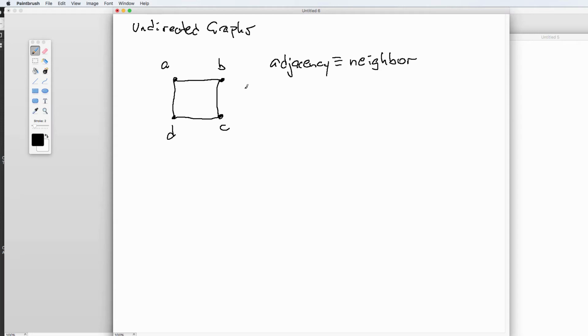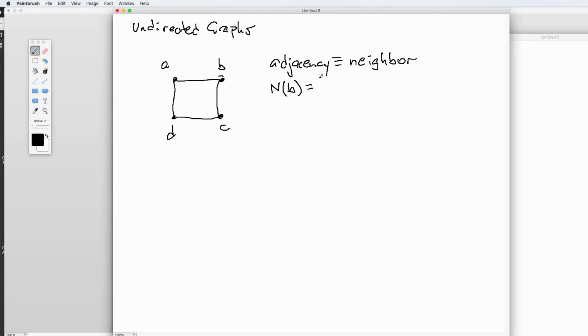Okay, and let's pick a point here. I want to pick this point B, and I want to talk about what is the neighborhood of B. And I'm going to call that N of B. And it turns out that N of B here, well, I want to talk about all of the points, all of the vertices that are adjacent to it. In other words, where I'm connected to it.